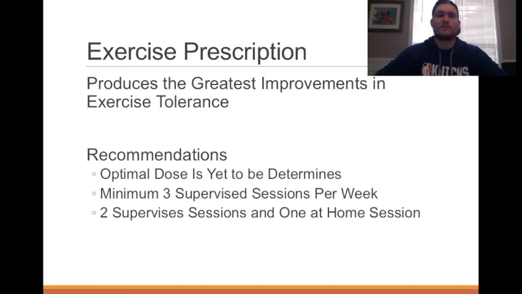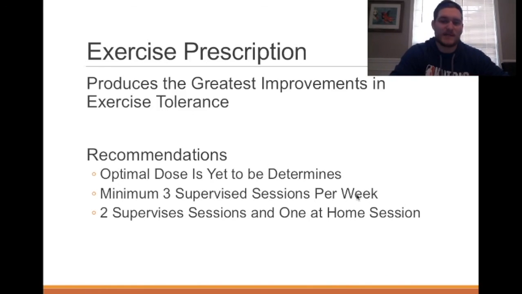So we'll just go through some general guidelines for exercise prescription for those with COPD. There is really no optimal dose. Again, the more active you can get an individual, the more adaptations that come along and the more that they can improve their health. But again, you want to balance out not too little exercise and not too intense of exercise as well. So finding that comfortable Goldilocks zone for the patient.